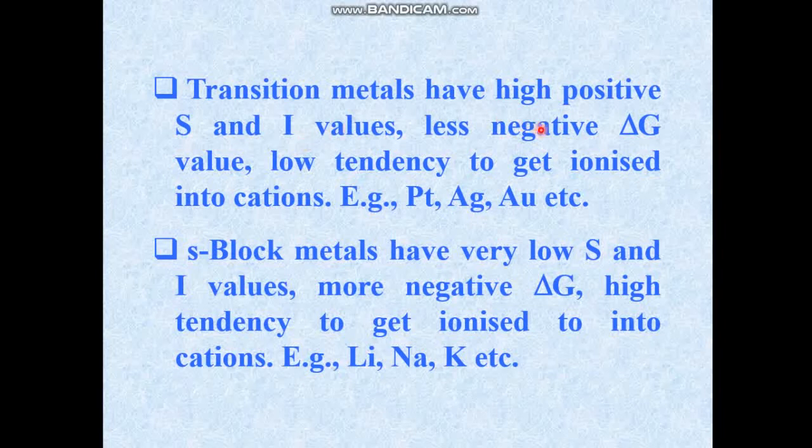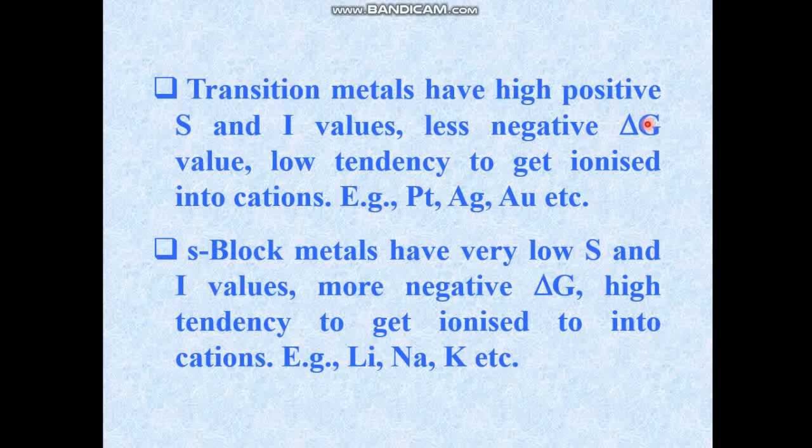So naturally delta G, which is equal to plus S plus I minus H, becomes less negative. That means the free energy of the system becomes less negative, which leads to non-spontaneity of the change. That means the metals would not like to release the electron readily.